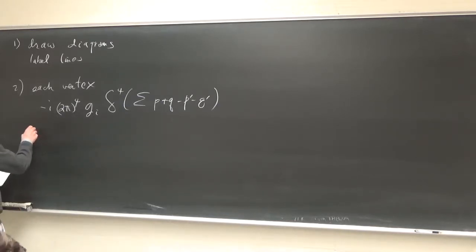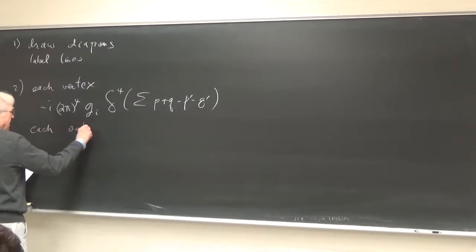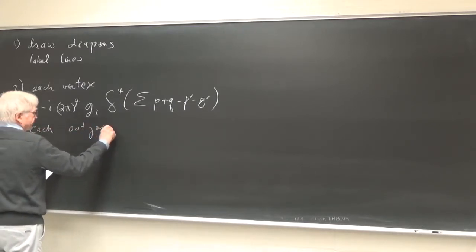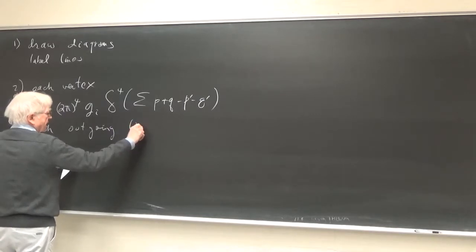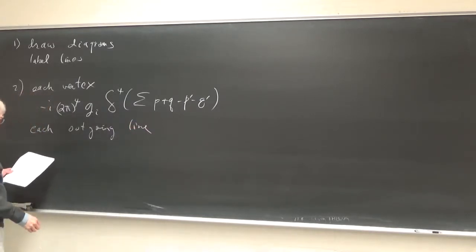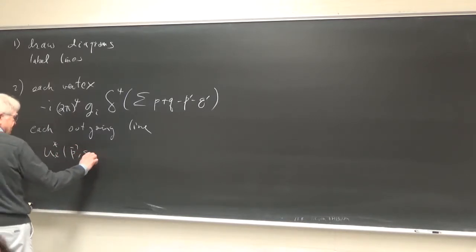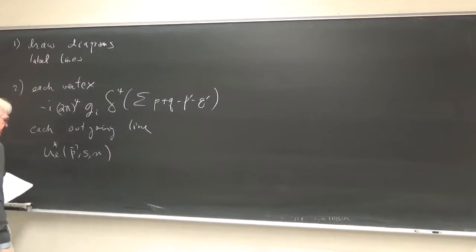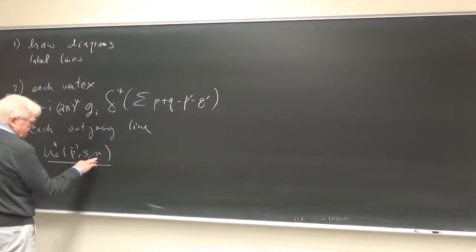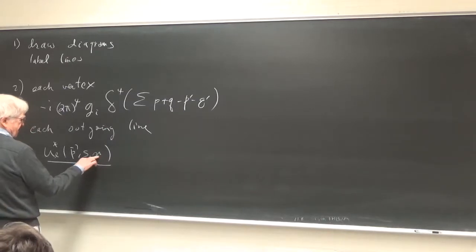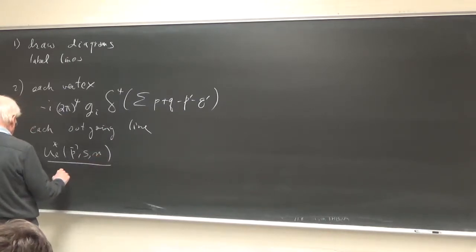For each outgoing line, each outgoing line gives you a factor u star_l of p, s, n, and if I follow his notation religiously, n is a particle type index.